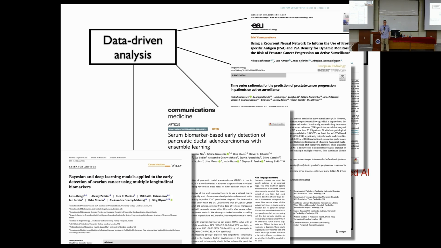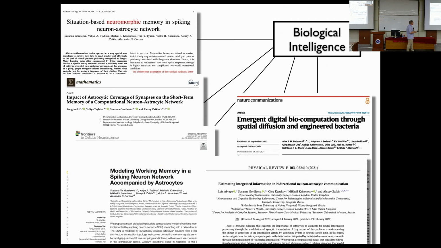We also use these ideas of artificial intelligence for biological intelligence, especially to show the role of astrocytes in organization of situation-based neuromorphic memory and associative learning. We use this principle to understand how we can organize artificial intelligence in engineered bacteria.